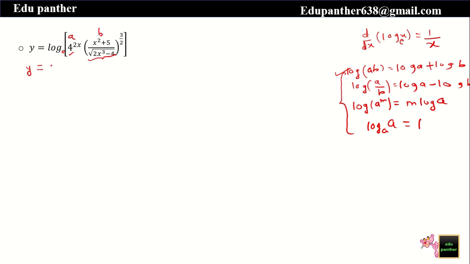This will become log of a, that means log of 4 raised to 2x, plus log b. Log b means log of the second term. Now what is our second term? x square plus 5 divided by square root of 2x cube minus 4, the whole term raised to 3 by 2. So this is log of b.